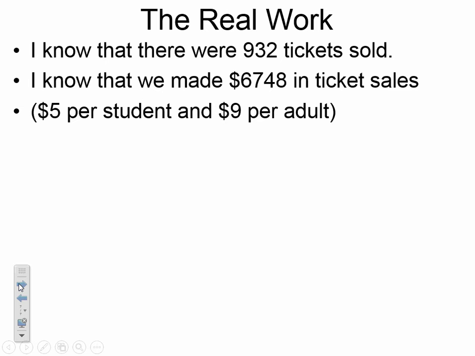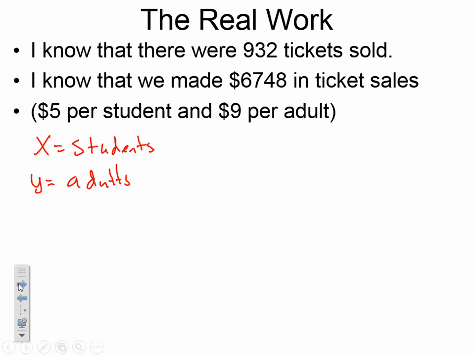It costs $5 per student, $9 per adult. So if I'm going to set this up, first thing I have to figure out is what my x and y are. Well, they tell me to find how many students and how many adults. So x is going to equal students, and y is going to equal adults.